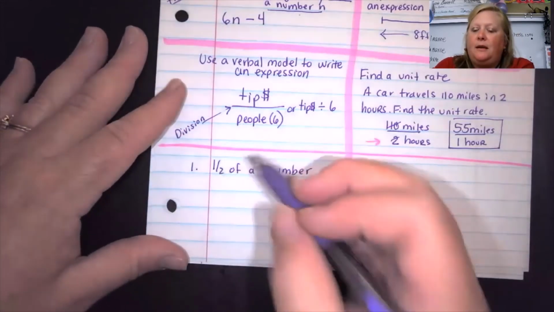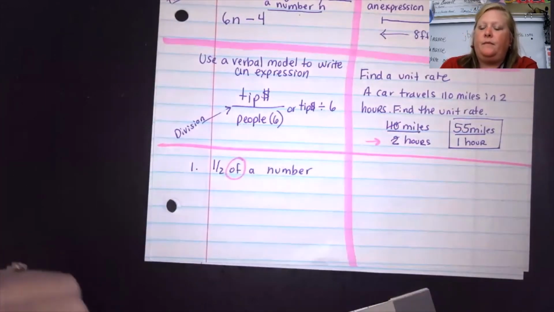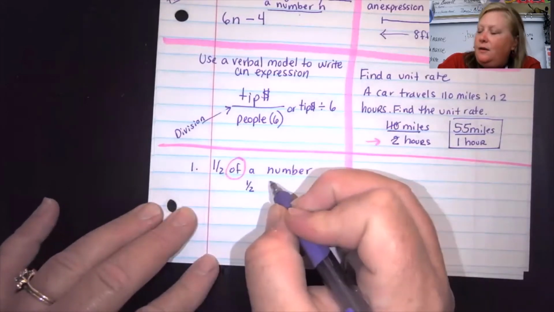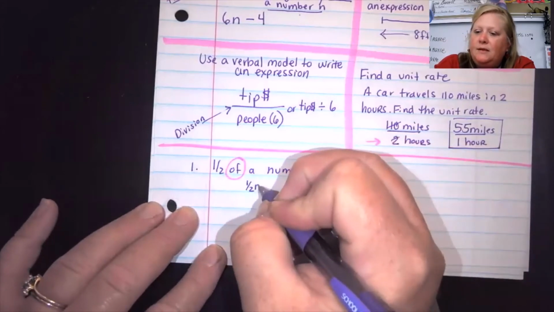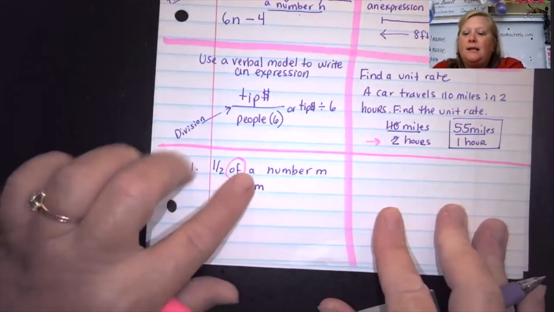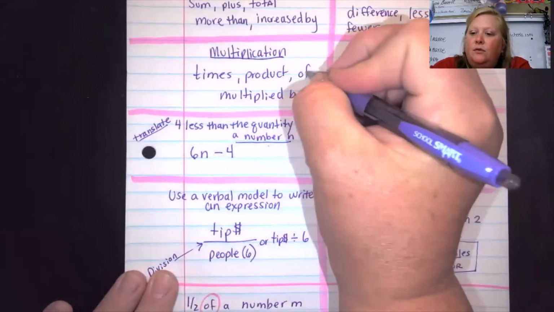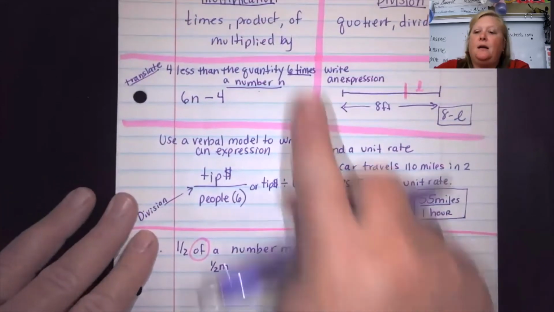What does of mean? That's the key word here. Oh, that means multiplication. You're right. Half of a number. Oh, let's make that m. So 1/2 m. You know what? Let's go back up and let's add of to multiplication.